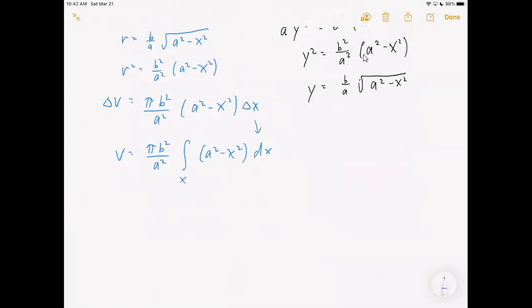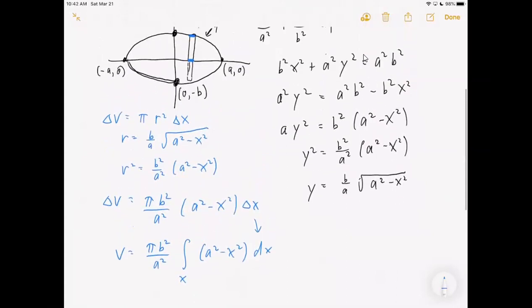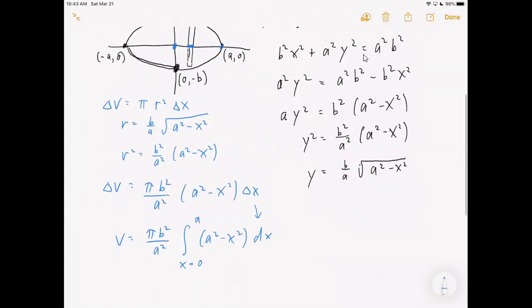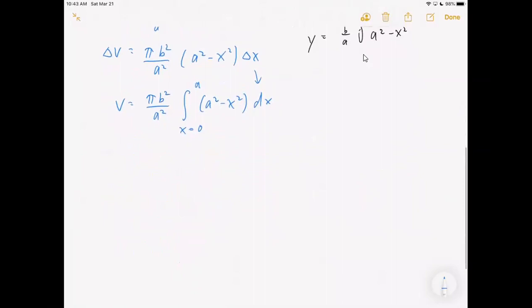Now we need to figure out our limits of integration. We said it's easiest to just look at the first quadrant. And so x started at 0 and will end at a value of a. So we're going to integrate from 0 to a. Now we just need to do the mechanics of this.